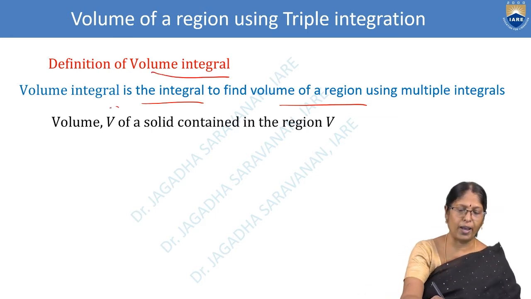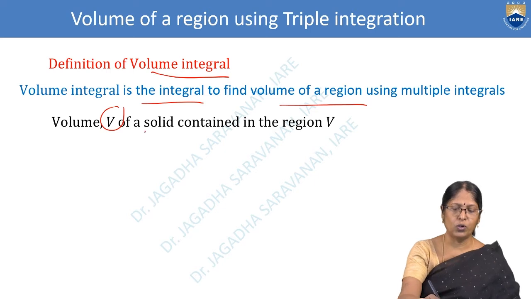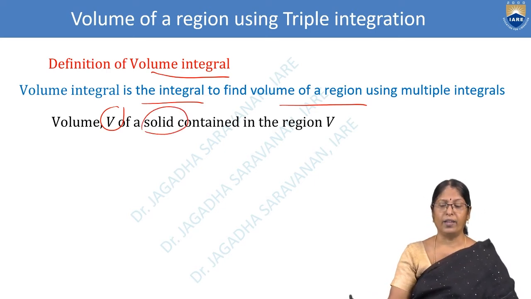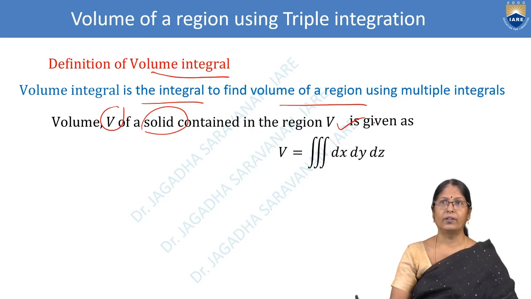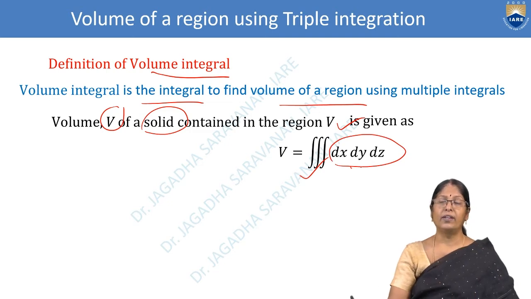It is denoted by capital V if the region we are going to find is a solid. The geometrical figure is a solid, contained in the region V. The formula is the triple integral of dx dy dz, in three dimensions x, y and z. The three axes are there.